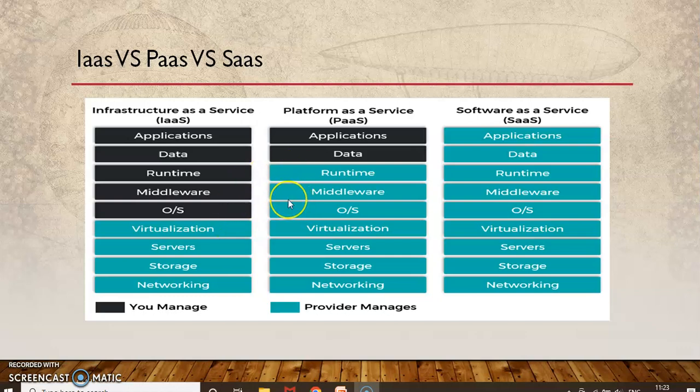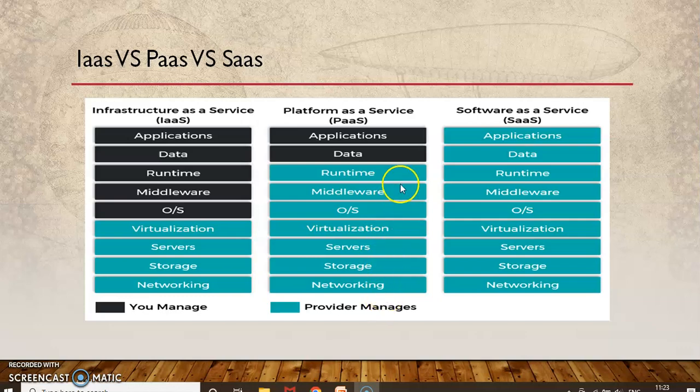Now, in platform as a service, you have tools to develop the application, and data is what you provide. So that's where it says the provider manages all these things: the OS, virtualization, server, storage, networking.